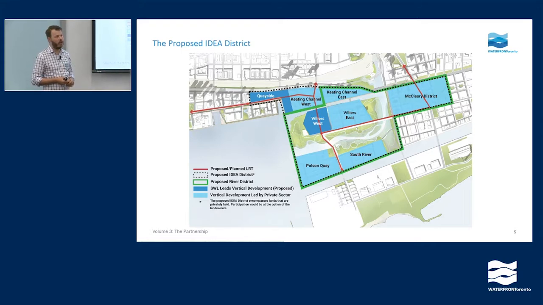In that area, 80% of the lands are owned by the public sector, not the private sector. That will be an important issue that we want to talk about in a second. But first off, here's Quayside. That's the 12-acre parcel, which is mostly owned by Waterfront Toronto, and then here's Villiers West.